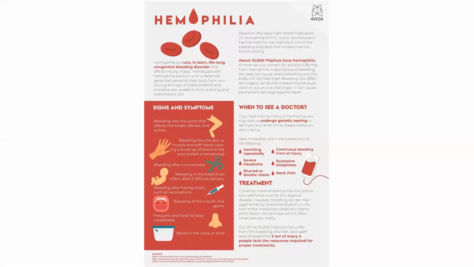Symptoms may include large or deep bruises, joint pain and swelling, unexplained bleeding, and blood in urine or stool. Hemophilia is quite rare, and there are fewer than 200,000 cases in the US per year.